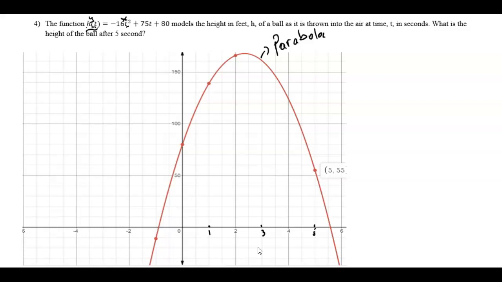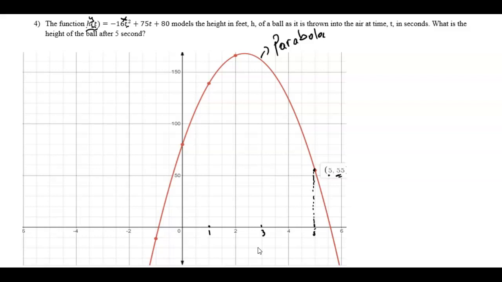So when I grab the 5 seconds here, you can see it's happening right here. My line is not straight. When I click that point on Desmos, it shows me 5, 55. So that's the height.